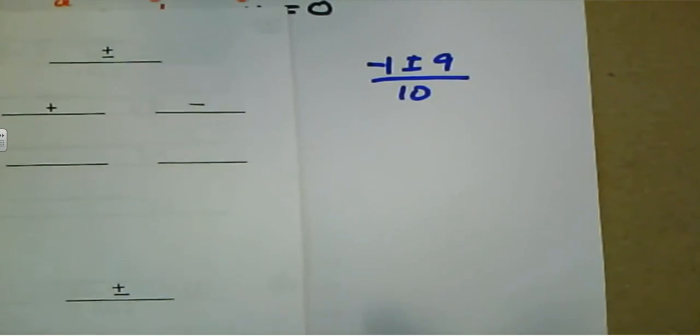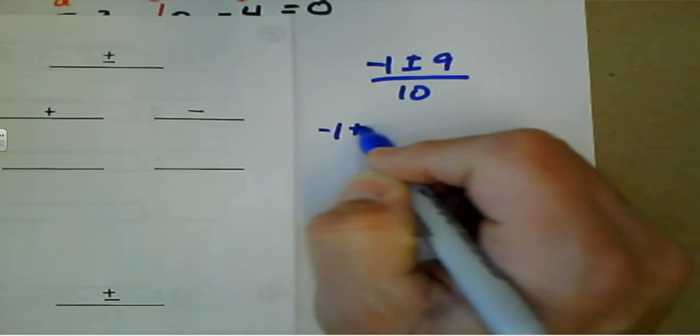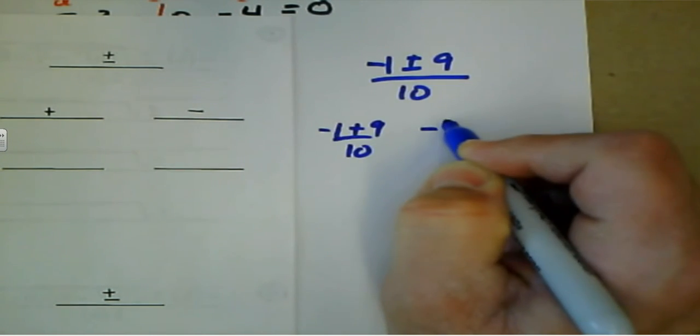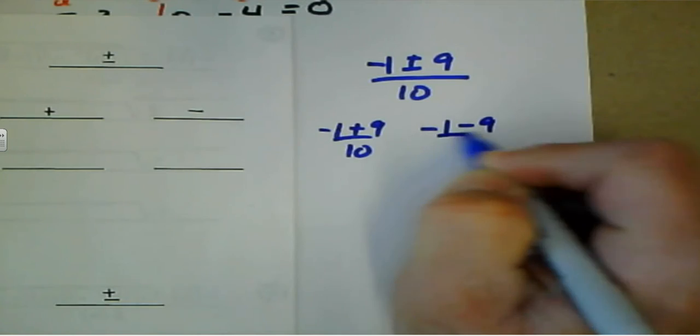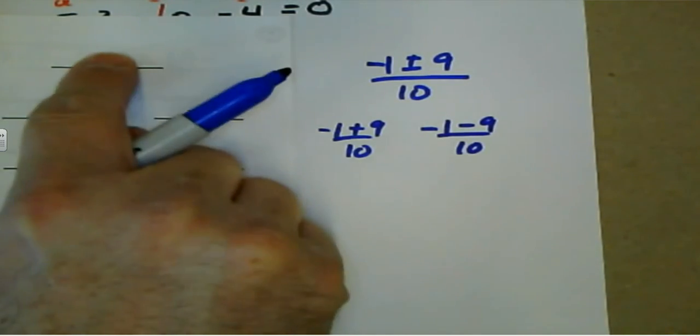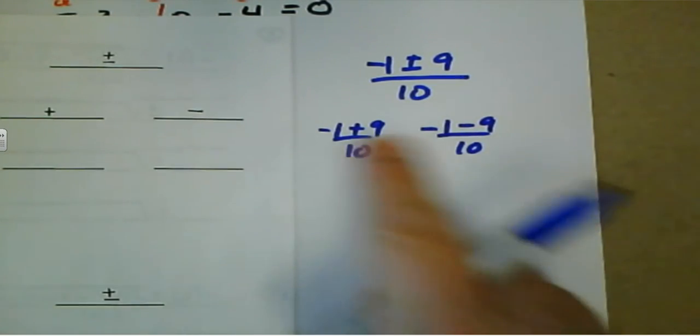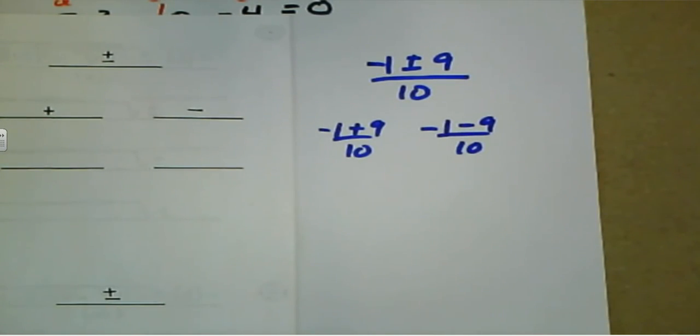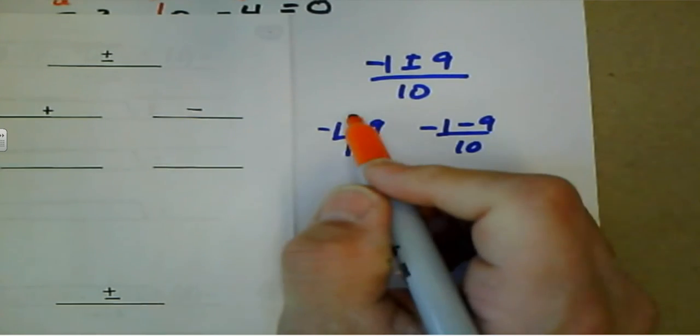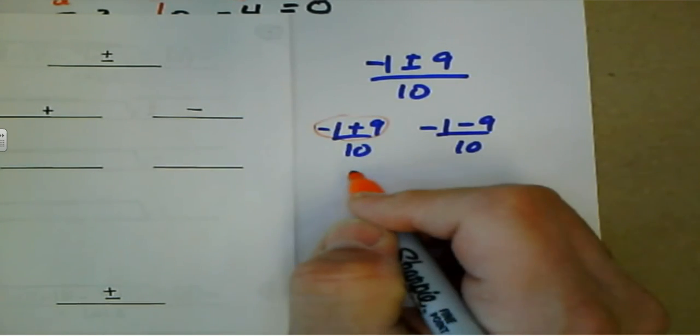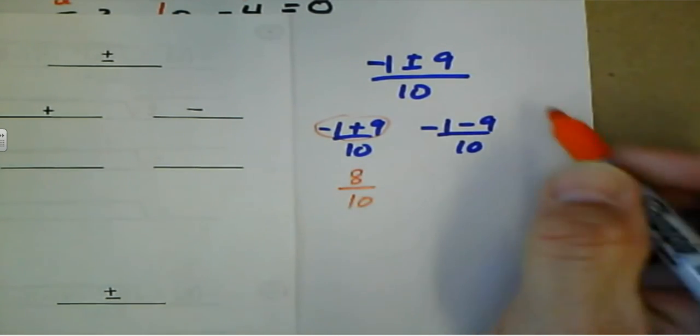Notice that's this part. So now I'm going to split it apart because that's what my reference sheet tells me. Negative 1 plus 9 over 10 and negative 1 minus 9 over 10. Just taking the plus over here, the minus over here. Negative 1 plus 9 is 8 over 10.